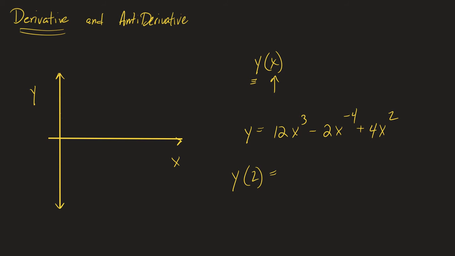Now, I don't know what this function looks like. I really don't. But I do know that it probably is a curvy function. And with that being said, that probably means that its slope would be always changing.